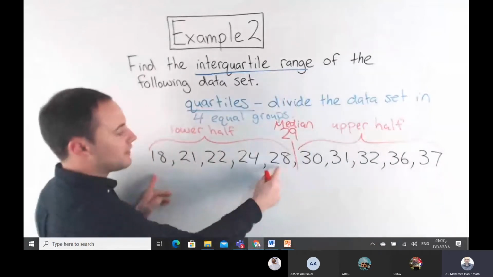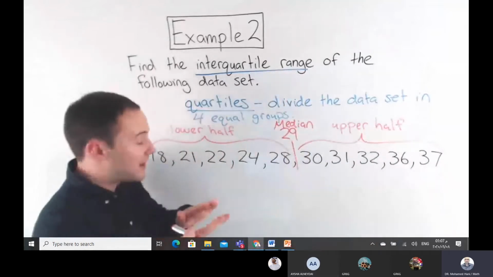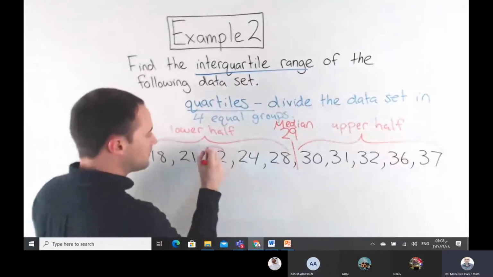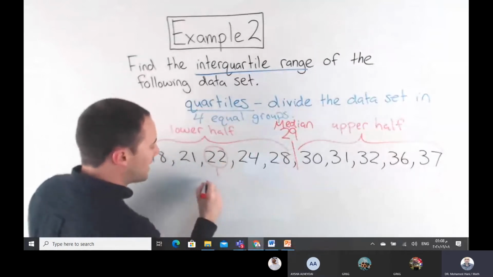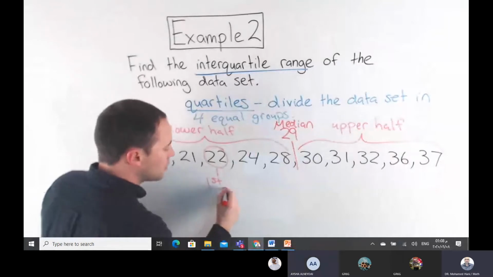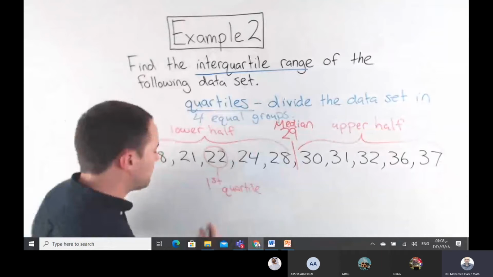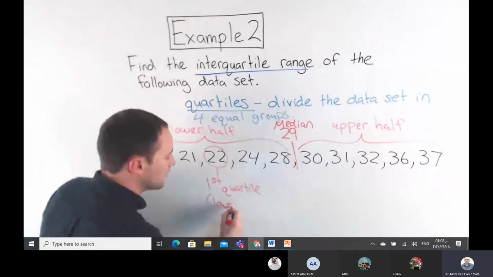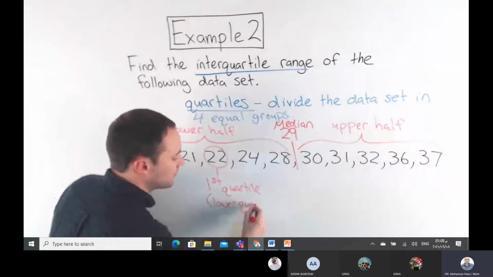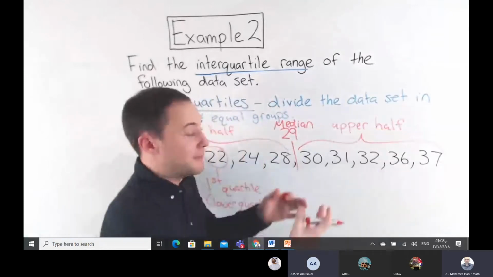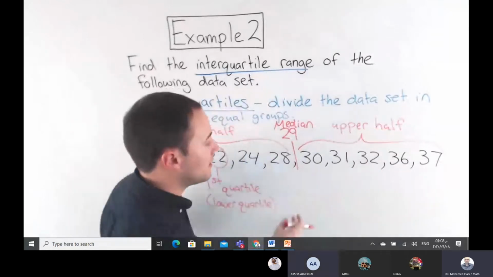Well, now this is nice. We've got 5 numbers, just like you got 5 fingers, so one's in the middle. So this 22, we call that the first quartile. Or you might see people call it the lower quartile, same thing. Okay. Now up here, we find the median of the upper half of our data.